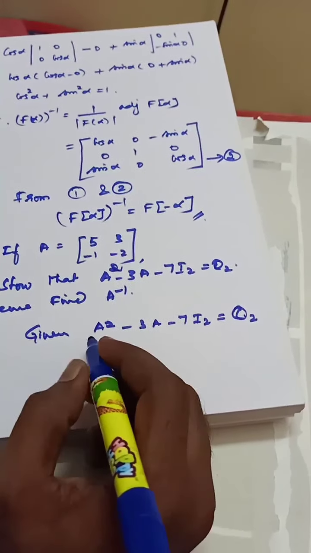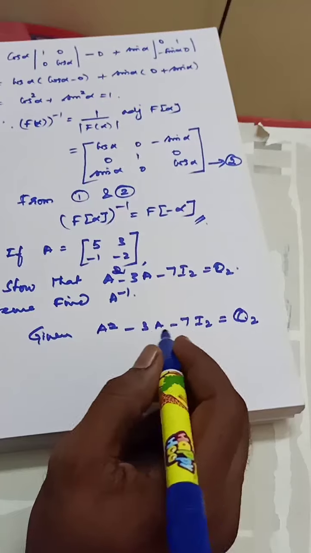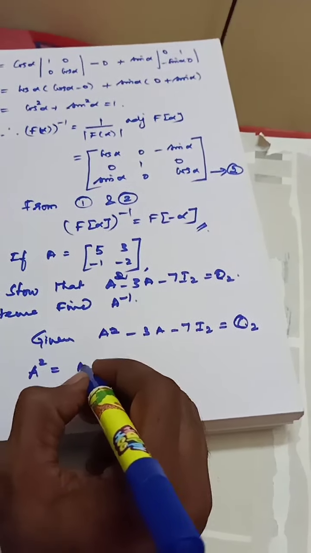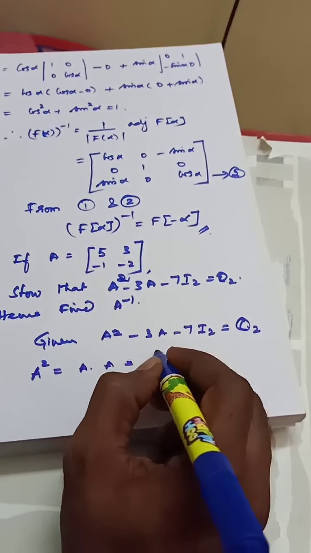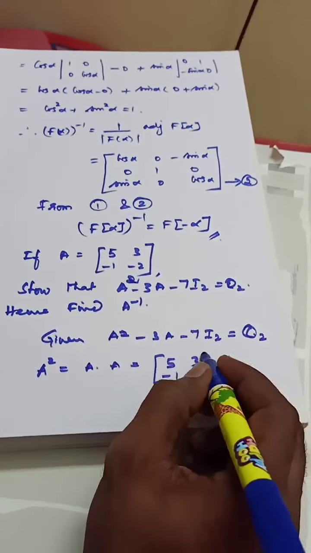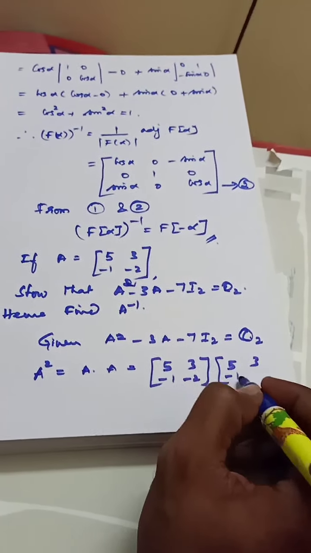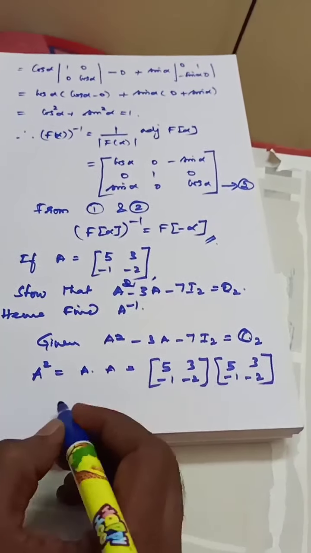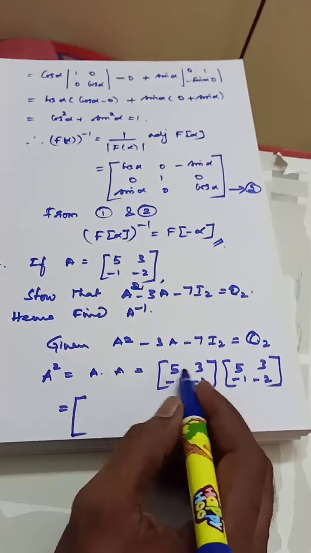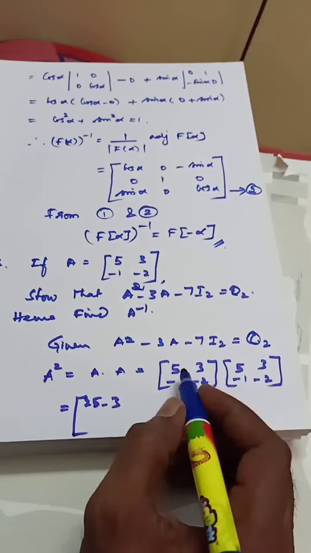As usual, A square means you have to multiply it 2 times, and 3 into A you can find out, and 7 times I2. A square is A into A, which is 5 3 minus 1 minus 2 into 5 3 minus 1 minus 2. That becomes matrix multiplication 2 by 2, row into column. 25 minus 3 is the first number.